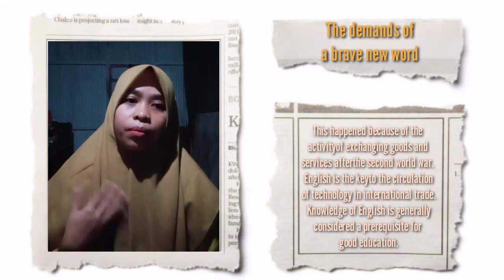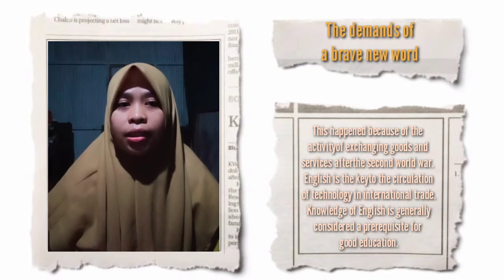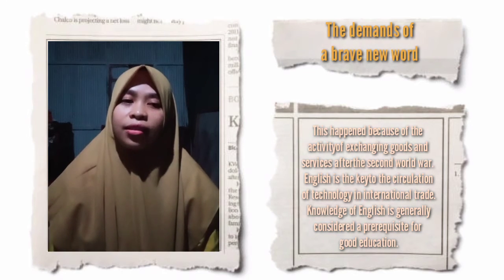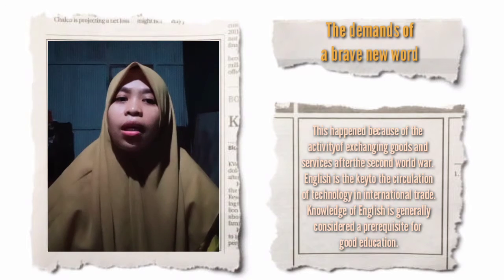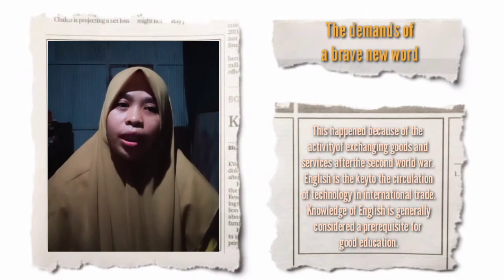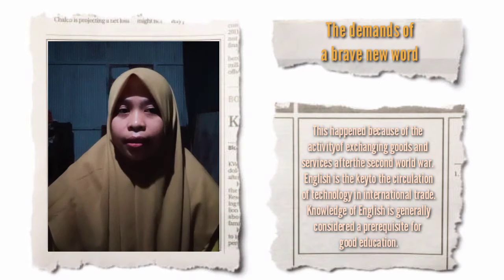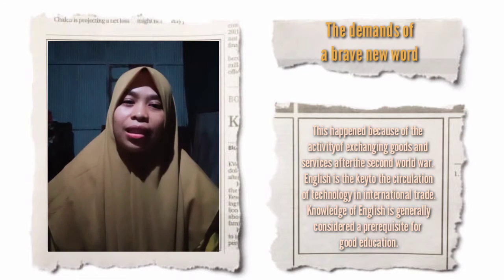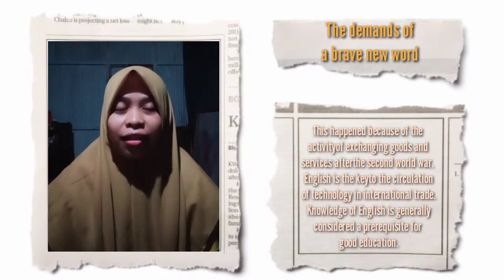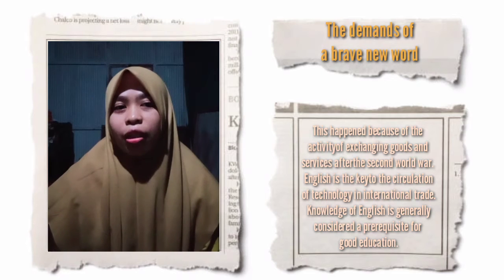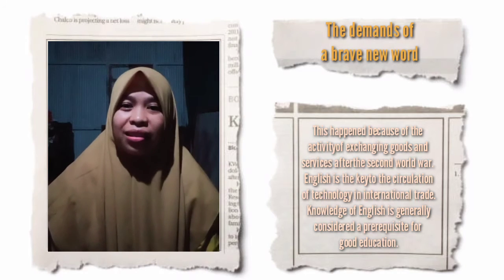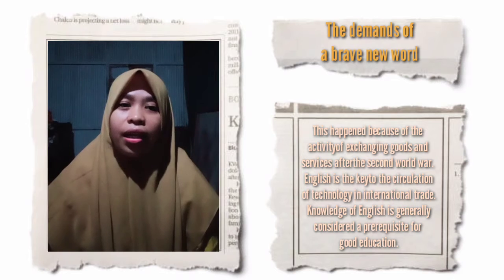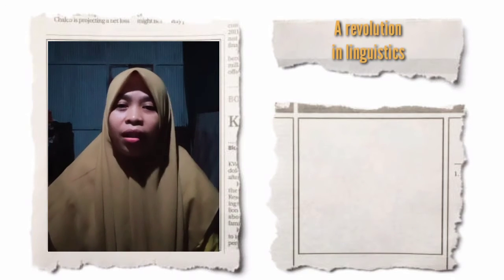This happened because of the activity of exchanging goods and services after the Second World War. English is the key to the circulation of technology in international trade. Knowledge of English is generally considered a prerequisite for good education.